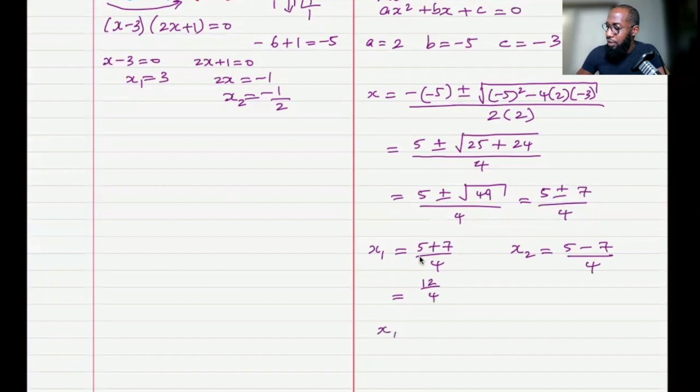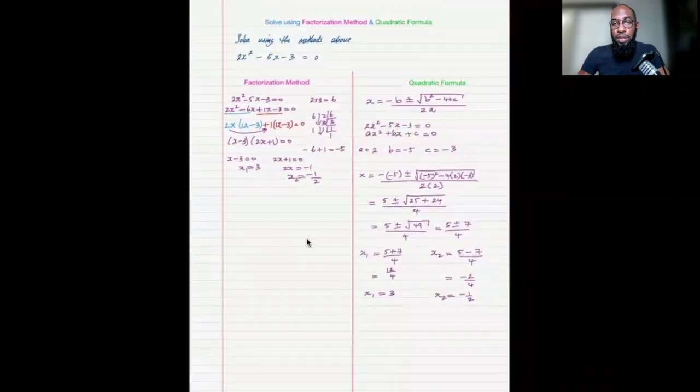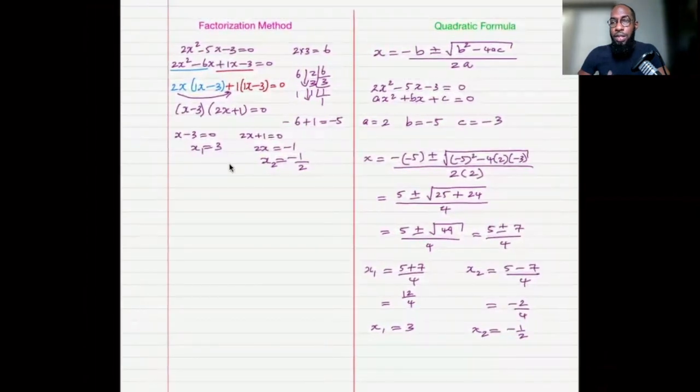So we see x1 is equal to 3, and x2, 5 minus 7 is -2 over 4, and that is equal to -0.5. x2 is equal to -0.5. If you look across here, we see x1 is 3, x1 is 3, x2 is -0.5, x2 is -0.5. So it doesn't matter which method you use for this question, we get the same answer.